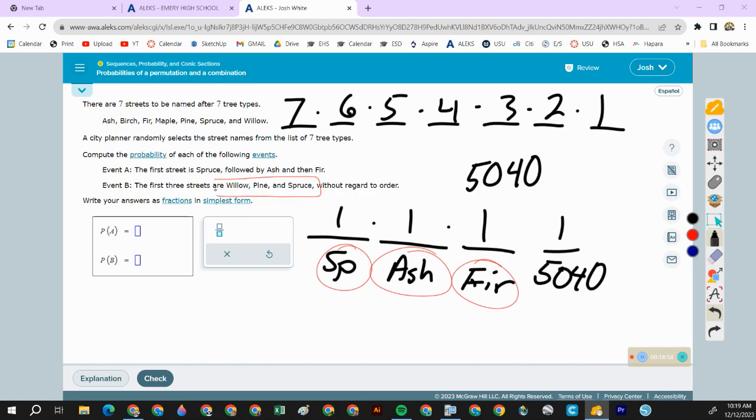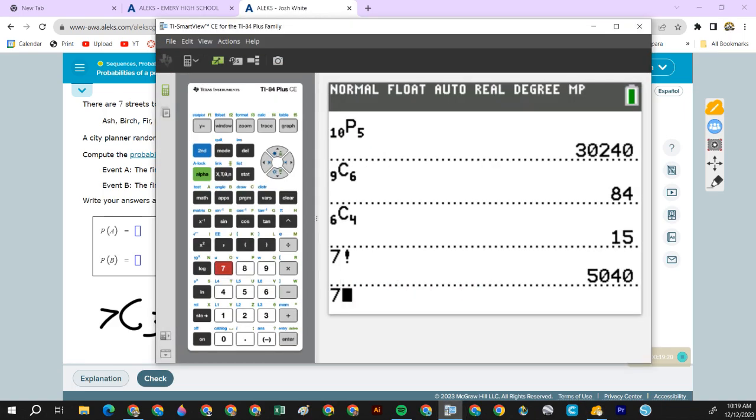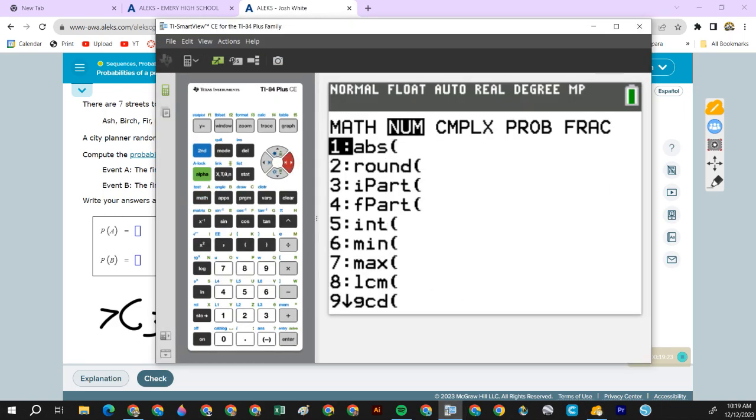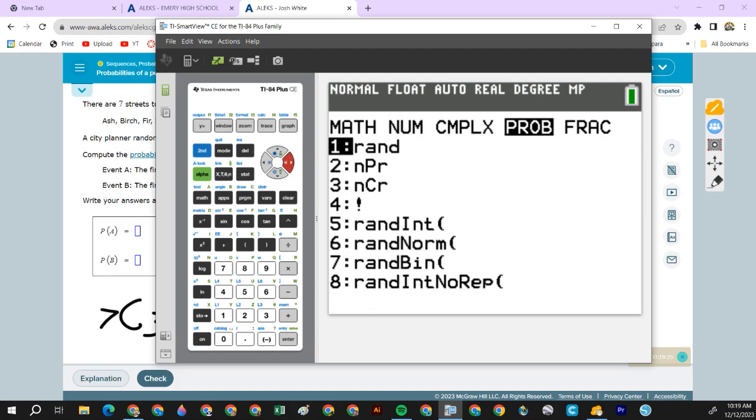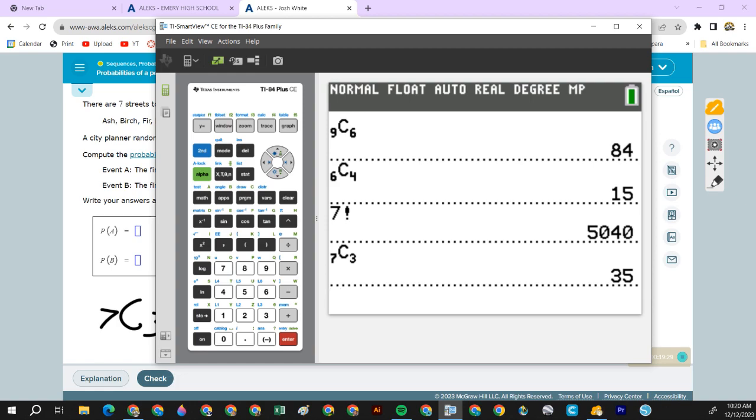What if I wanted to know that the first 3 streets are Willow, Pine, and Spruce, but the order doesn't matter? Well, how many ways can you rearrange Willow, Pine, and Spruce? That would be 7C3, which is 35.